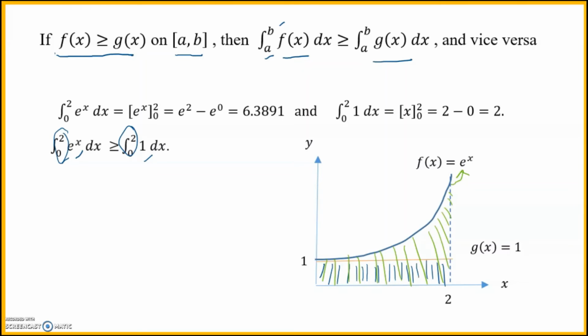So in this case, f(x) is larger than g(x); you can see the graph of f itself is larger than g(x) in the interval of, let's say, 1 to 2. So then the integral of f(x) will be larger than that of g(x) as well.